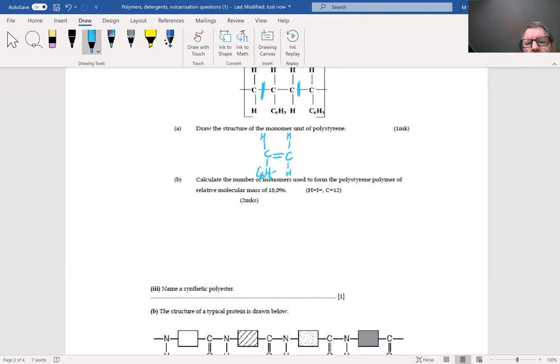They tell you that the whole thing weighs 18096. I divide that by the mass of this, so the RMM of this goes down here. Try it yourself, but the answer should come out as 174.